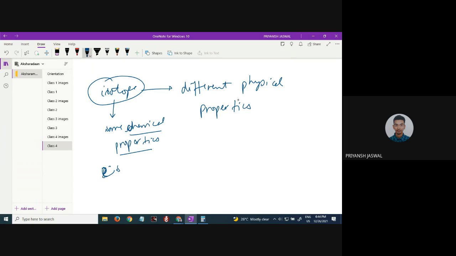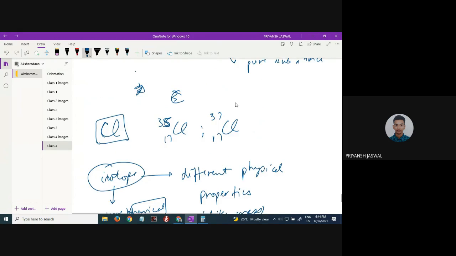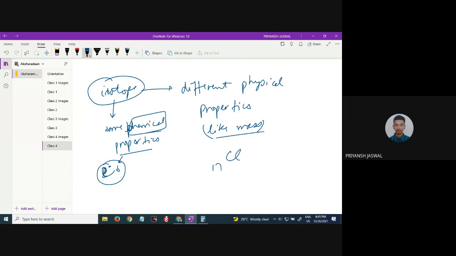And chemical properties are usually defined by the number of electrons in the outermost shell. So they have the same chemical properties. But physical properties like mass are defined by the number of protons and neutrons. So different isotopes of the same element will have different mass numbers. Just as we discussed for chlorine, 17Cl35 and 17Cl37, these two isotopes will have the same chemical properties, but their physical properties like mass will vary.